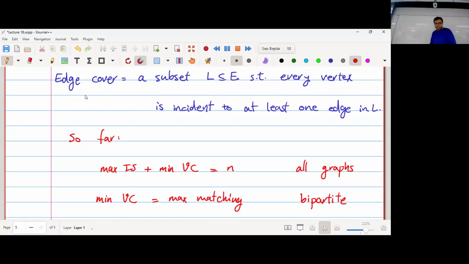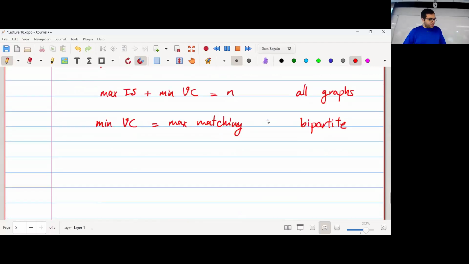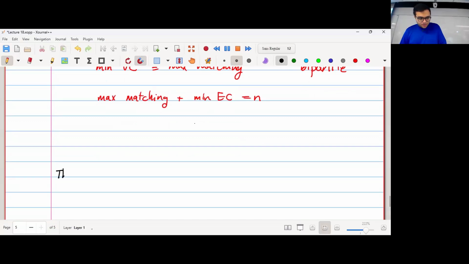So here's the next theorem that I want to prove. I want to prove that maximum matching plus minimum edge cover is also equal to n. Let me see who proved this. I think it was Gallai. Yes, it's Gallai, 1959.